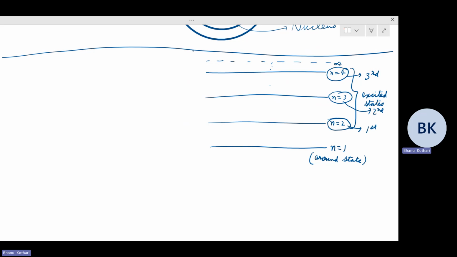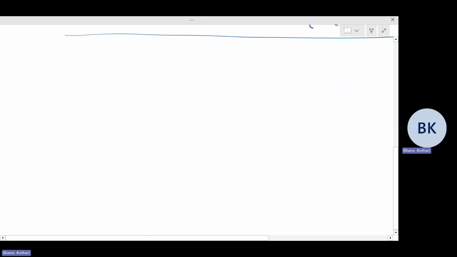Now, the next important thing is the quantization of angular momentum of an electron. The next postulate is that the angular momentum of an electron in a particular stationary state is quantized.